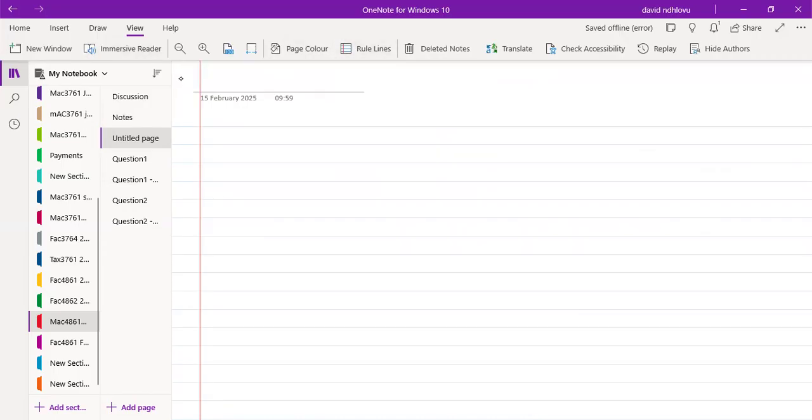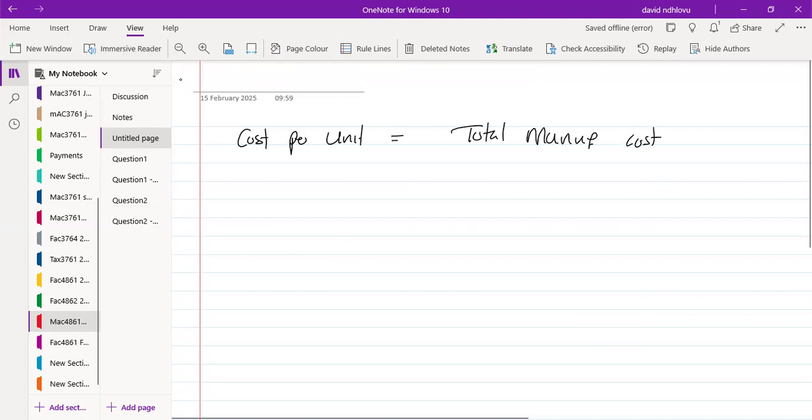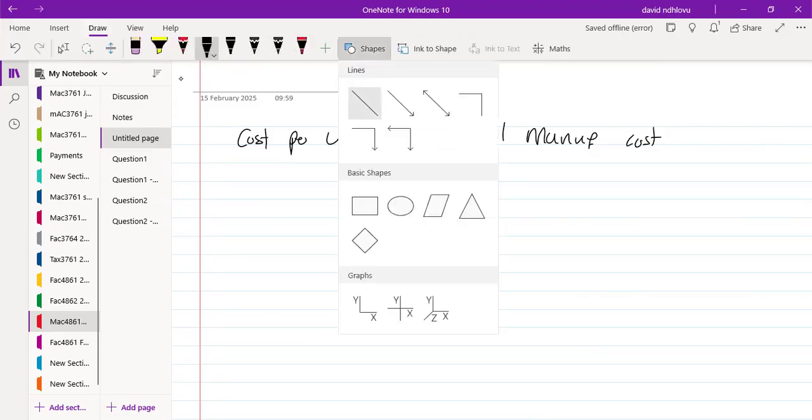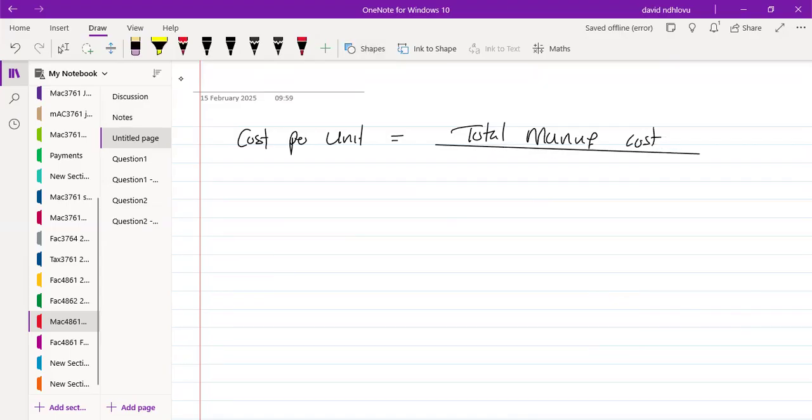Remember, when you calculate inventory or cost per unit, it's your total manufacturing cost for a particular period. We don't include non-manufacturing costs there. So your total manufacturing cost for a period, which you then divide by the number of units produced, which is your output. Then you can get your cost per what?